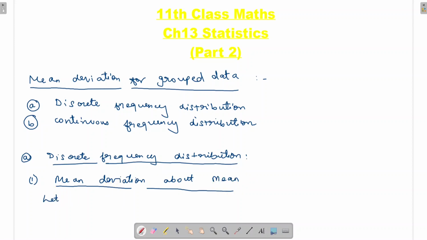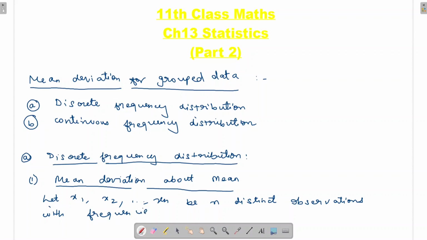So let x1, x2, up to xn be n discrete, meaning distinct, observations with frequencies f1, f2, up to fn.